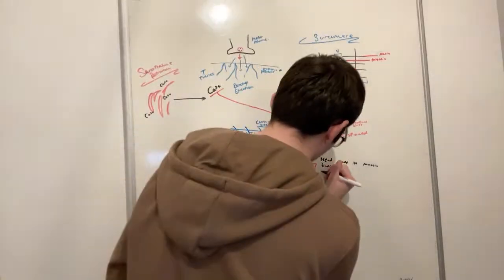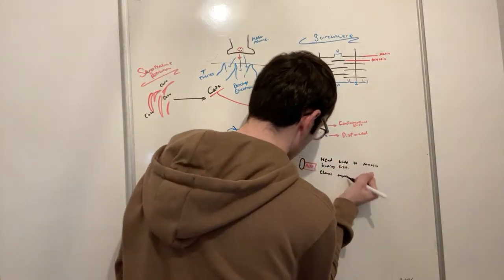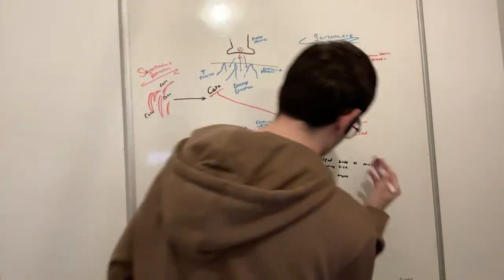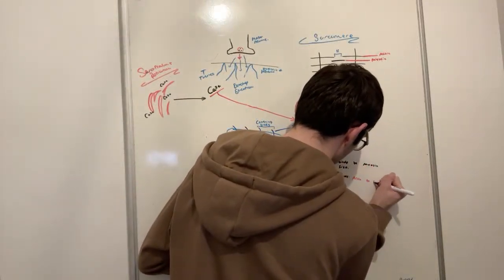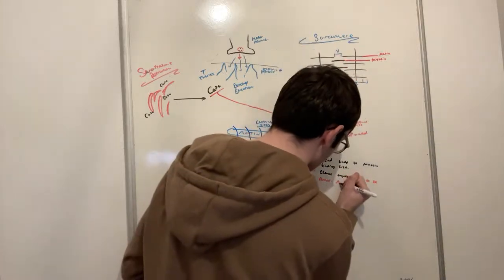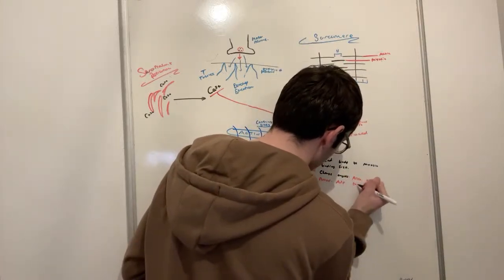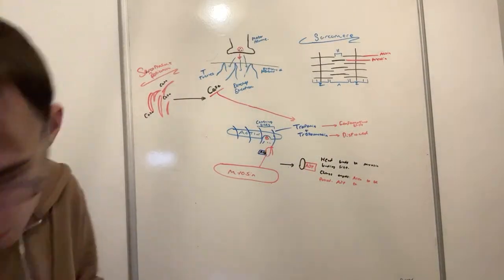It is going to change angles when bound, and that causes the actin to be pulled, and this causes the ADP to be displaced.